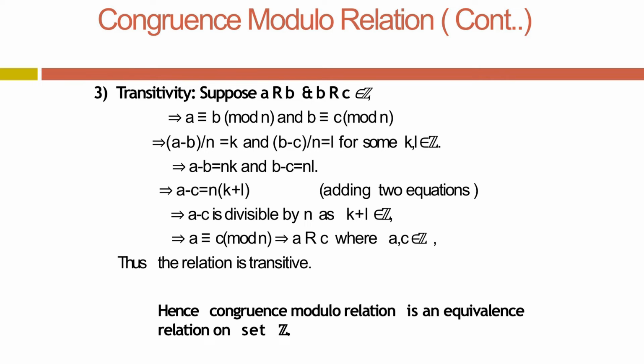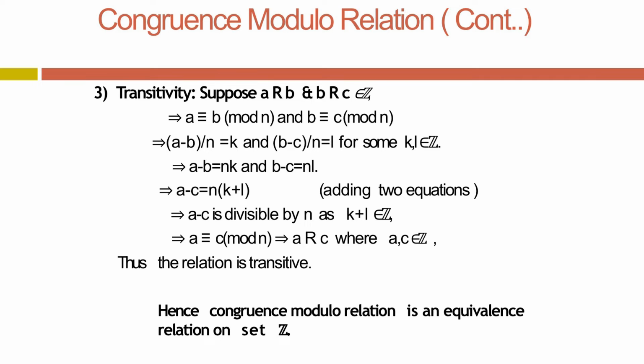So, A is congruent to B mod n means A minus B is divisible by n, and B is congruent to C mod n means B minus C is divisible by n. That means, A minus B by n is some integer k and B minus C by n is also some integer L.